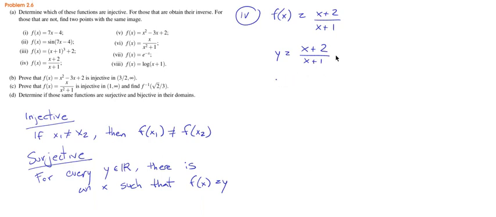Obviously x can't be minus 1, so the domain of this function does not include minus 1. Then you have y x plus y equals x plus 2, and if you take x here, this is (y minus 1) times x, and then 2 minus y, so x is equal to this.